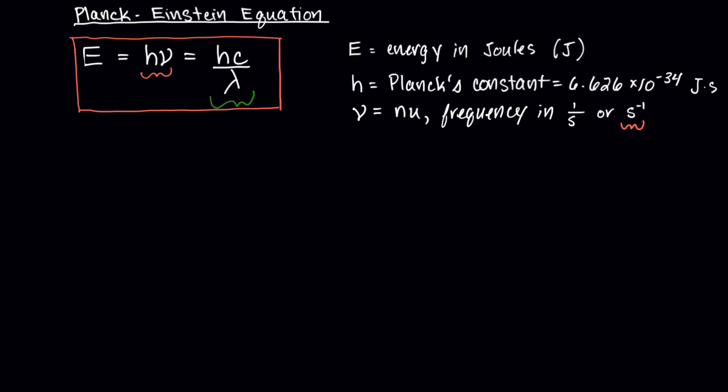C is the speed of light, and that is also a constant, which is equal to 2.998 times 10 to the 8th meters per second, or more simply, meters seconds to the minus 1.